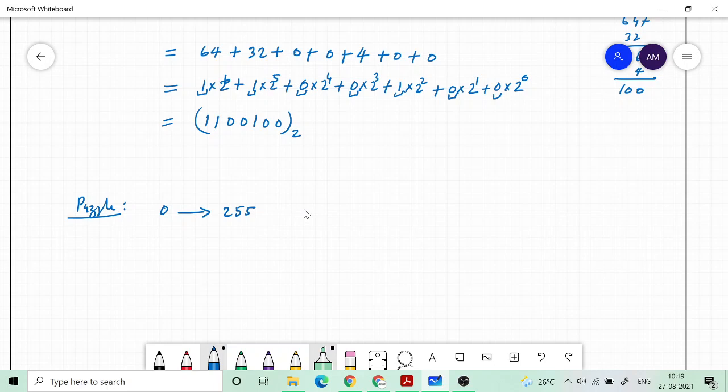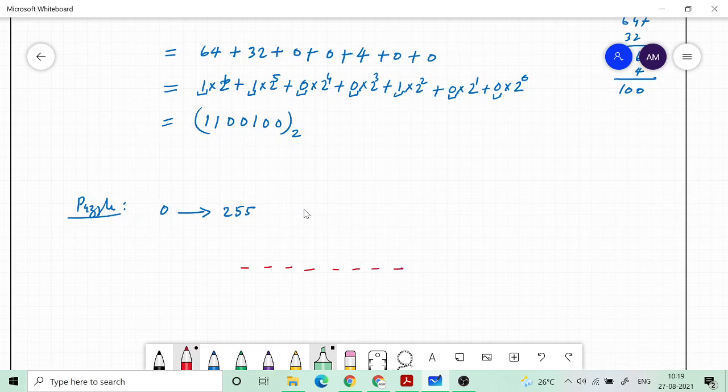So we have any number which is from 0 to 255, which means the biggest number is 255, which requires 8 positions in the binary representation. So you denote those positions: 4, and then these are the other 4 positions.